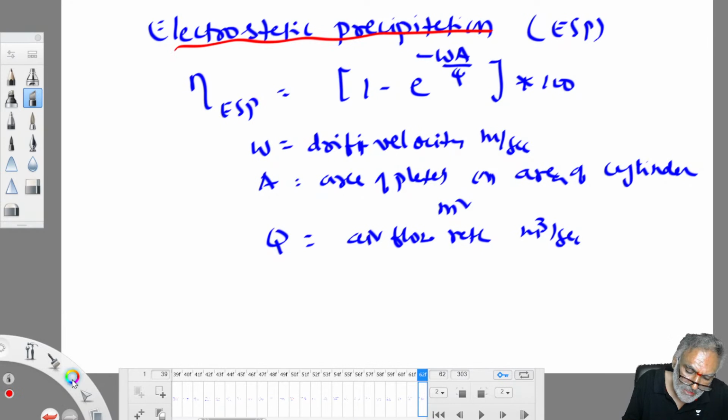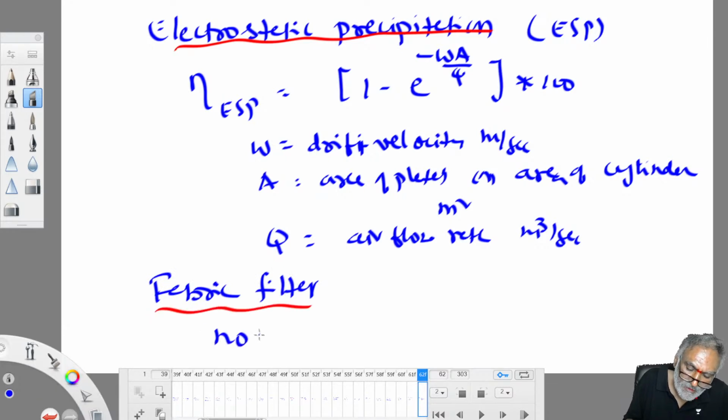Then fabric filter design: the number of bags required, they ask that question.